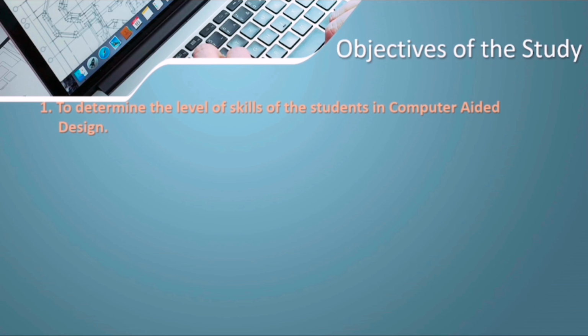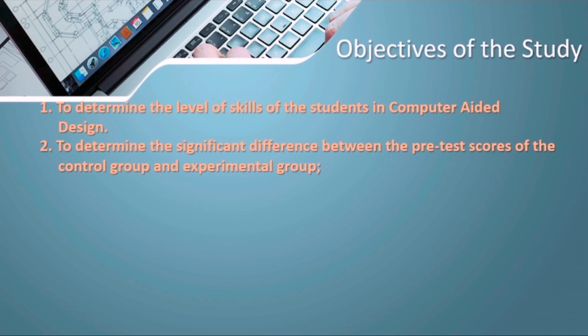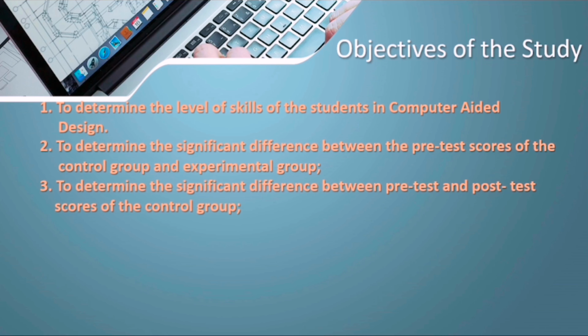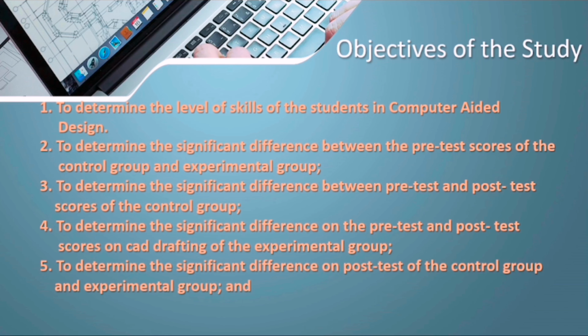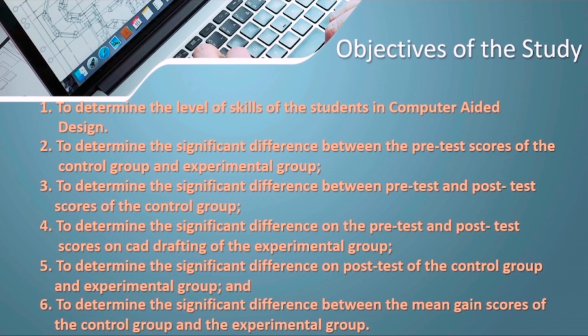Now, our objectives are to determine the level of skills of the students in computer aided design, to determine the significant difference between the pretest scores of the control group and the experimental group, to determine the significant difference between the pretest and post-test scores of the control group, to determine the significant difference of the pretest and post-test scores on CAD drafting of the experimental group, to determine the significant difference on the post-test of the control group and experimental group, and to determine the significant difference between the mean gain score of the control group and the experimental group.